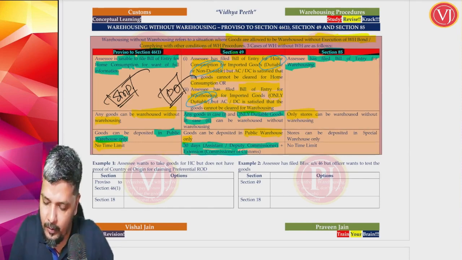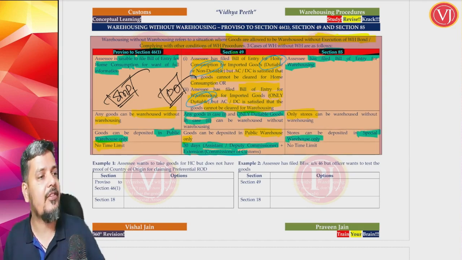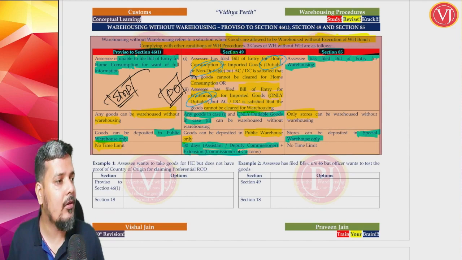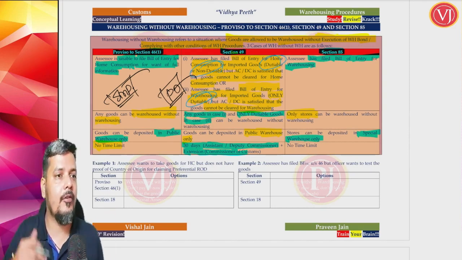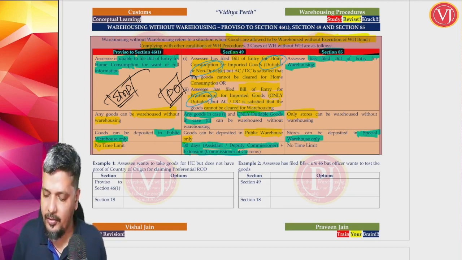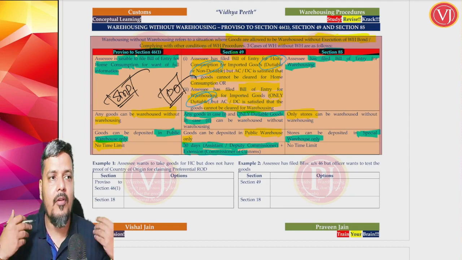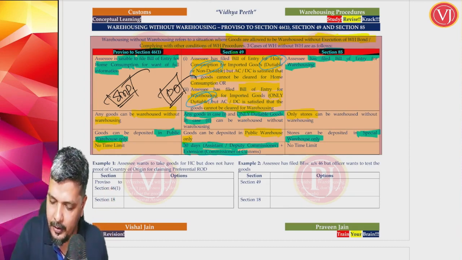Stores can be taken to a special warehouse. Why? From the special warehouse directly they will be given to a foreign going vessel or aircraft. No import duty, no need of duty drawback. And why is it coming in warehousing without warehousing in section 85? No need of warehousing bond, no need of warehousing procedure. No time limit.